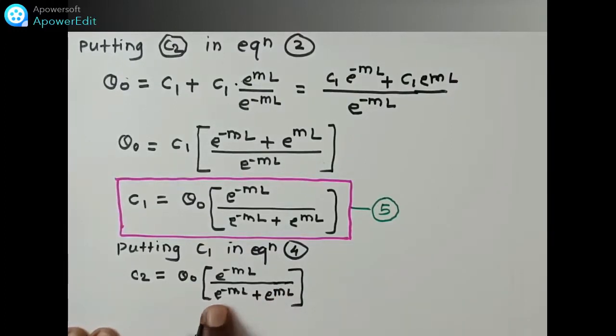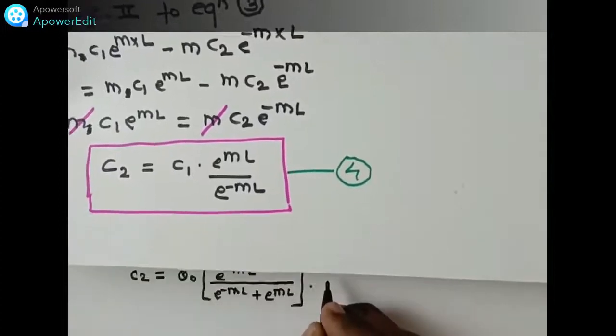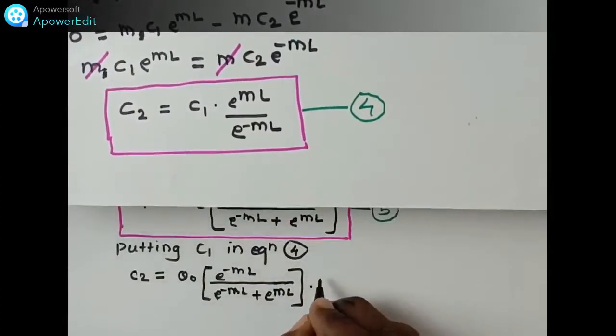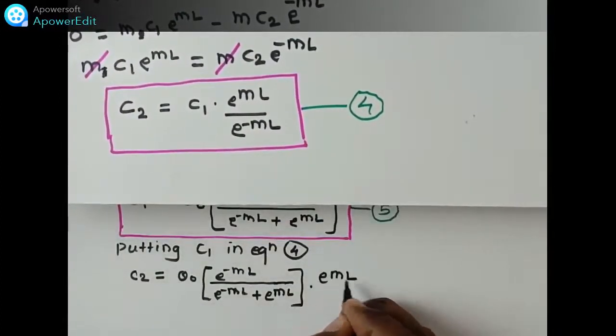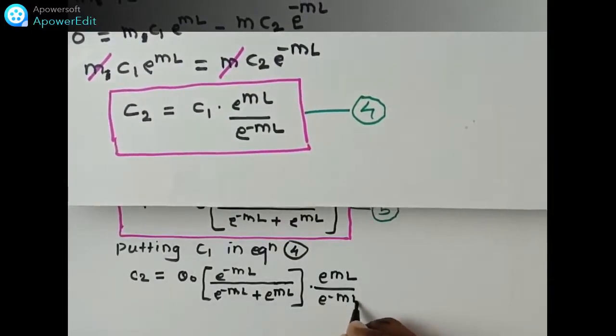This is the expression for C1, into the next part as it is, that is e raised to ml divided by e raised to minus ml.